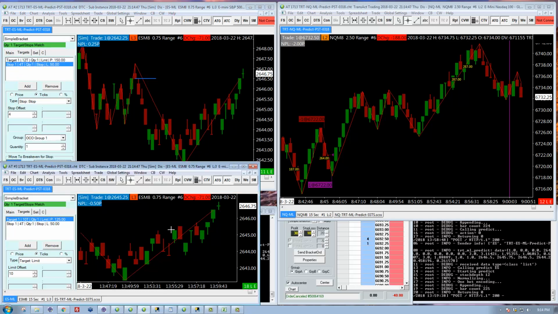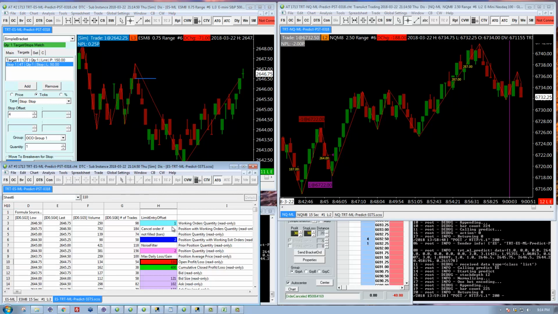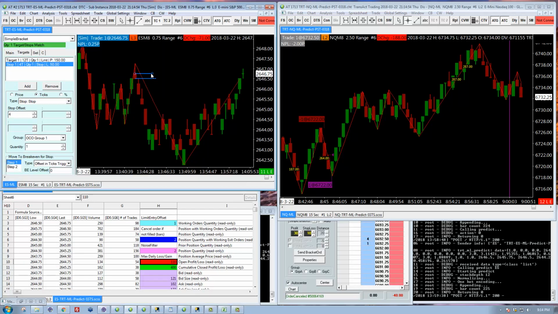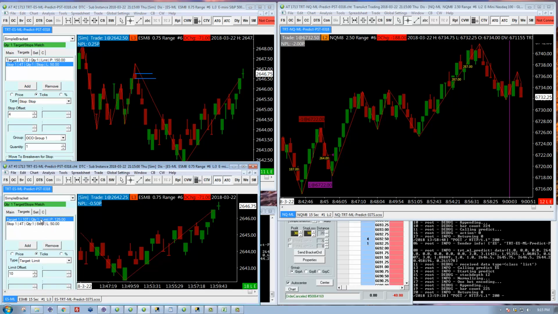The bottom one is different. The bottom one is a limit entry offset of 1, so it's going to place that order there, and a target of 10. And sitting here, I realize I have that backwards.